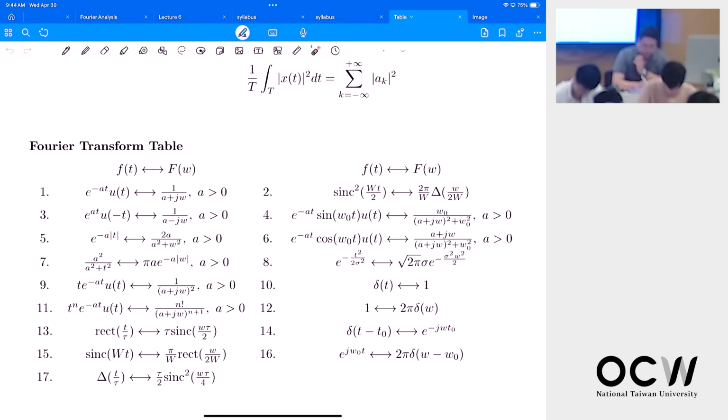So we know that we will use this. Back to our notes, we will use equation 1, the first table.